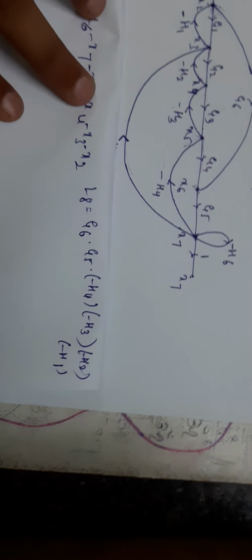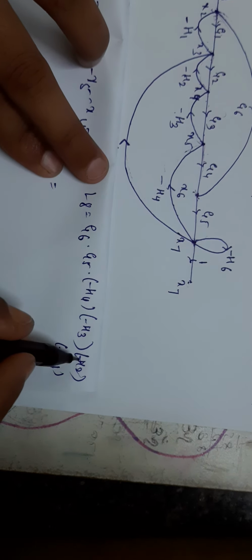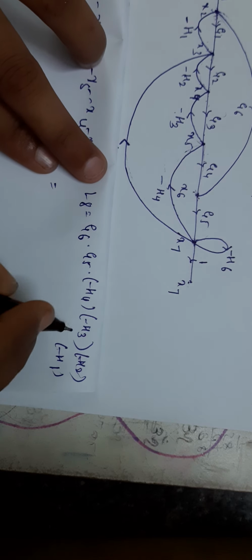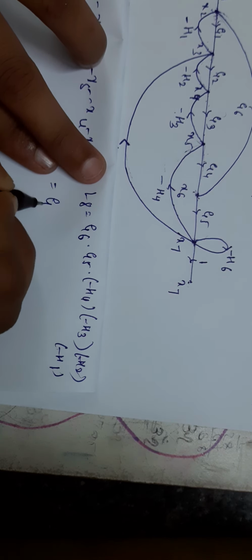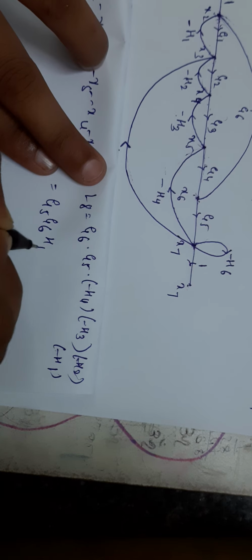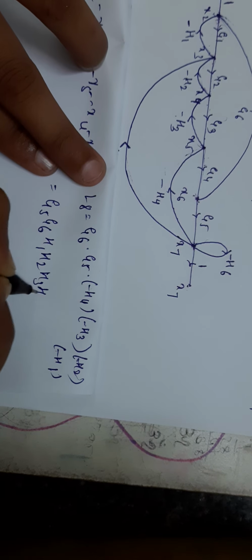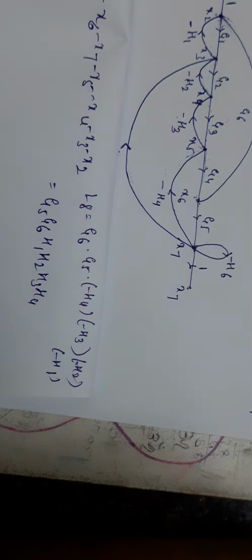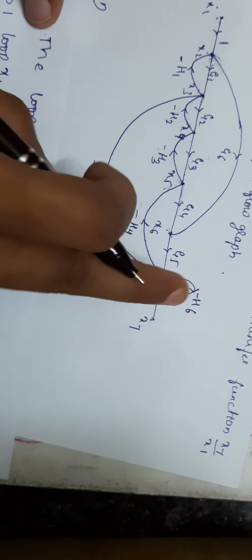Okay, this is our path. After multiplying, minus into minus is plus, plus into minus is minus, minus into minus is plus. So G5, G6, H1, H2, H3, H4. See, are there any other loops that will come into the picture? If you see, no other loops will come from this. There are a total of 8 loops.